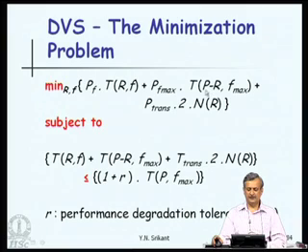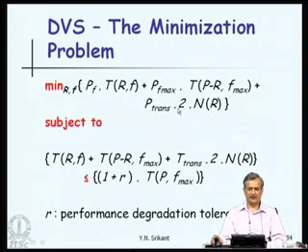Then we have the region P minus R which actually operates at the highest frequency. So, the power consumption at this level is P(F max), and T(P minus R, F max) is the time spent in the rest of the program, that is P minus R. The last part is the energy spent for switching: P trans into 2 into N(R). N(R) is the number of times the region R is executed.